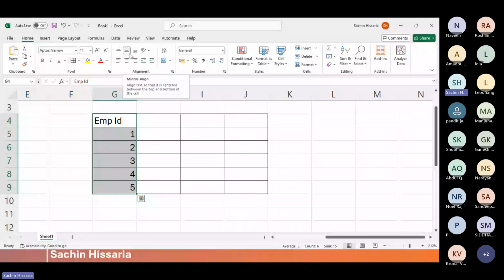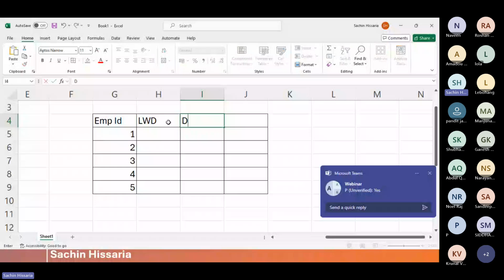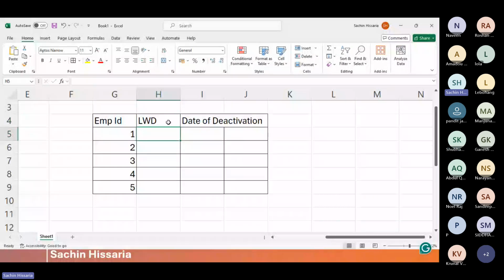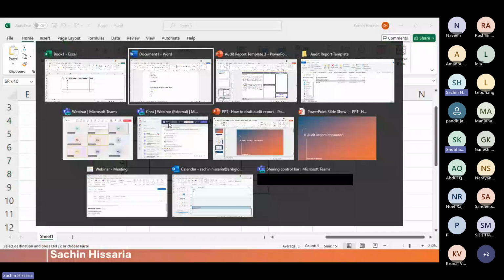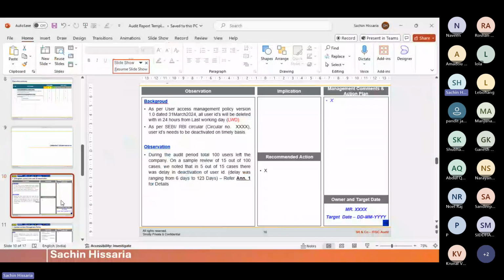Now here I will write the last working day, the date of deactivation of the ID, and then I will calculate the delay. So this is my annexure, and I will put this annexure in my report as well. Maybe you can put that annexure in a separate slide.